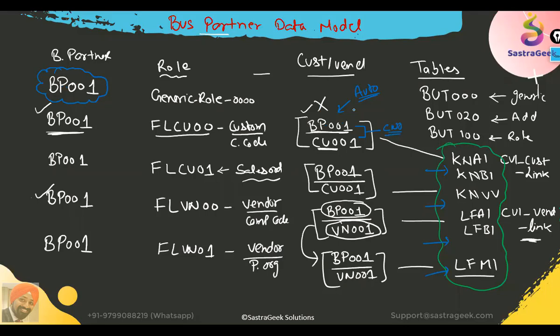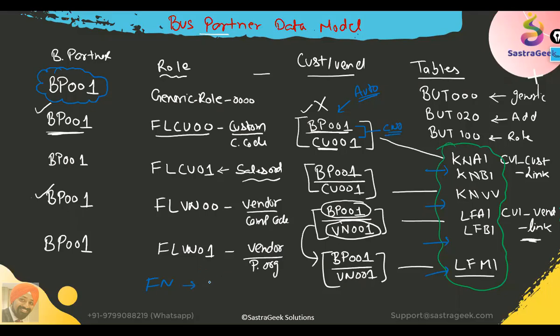Okay, so if the configurations have been done in the right way, seeing what number has been generated should not be a problem. The only thing is that you need to control the duplicacy. It should not happen that the finance person has created a customer, which also happens in ECC.